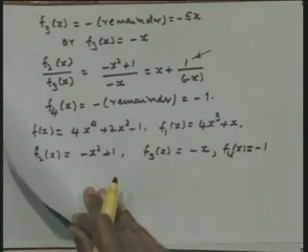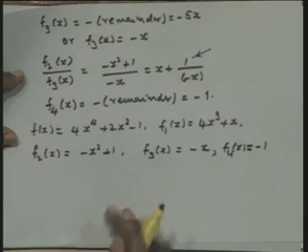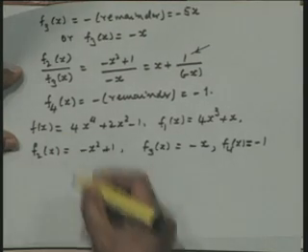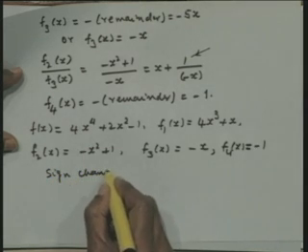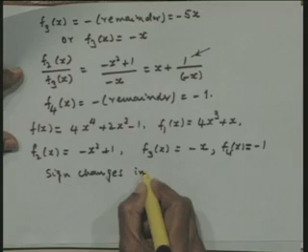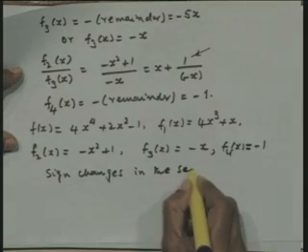Now what I need to do here is study the changes of sign in this sequence and then locate the roots. So let us form a table and find out the sign changes in the sequence.